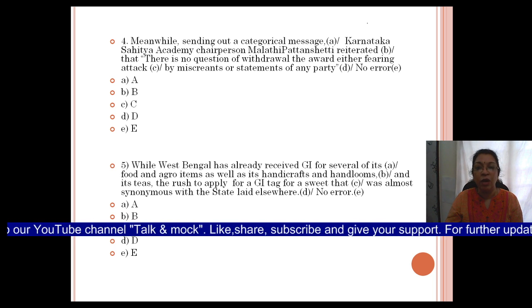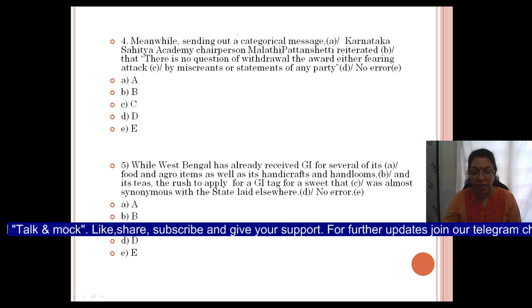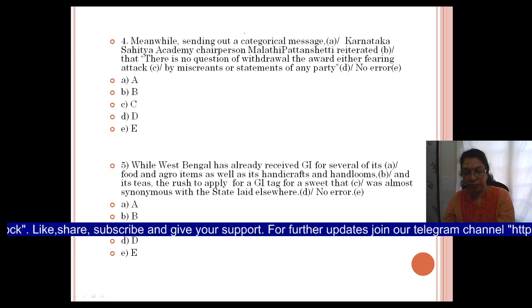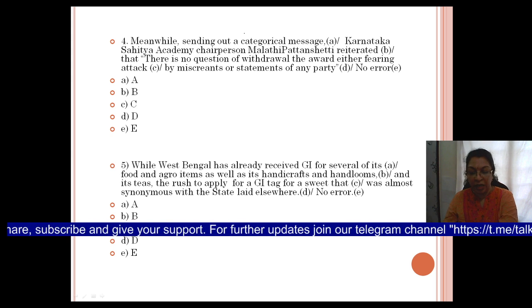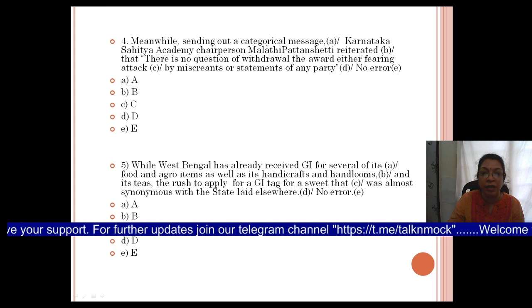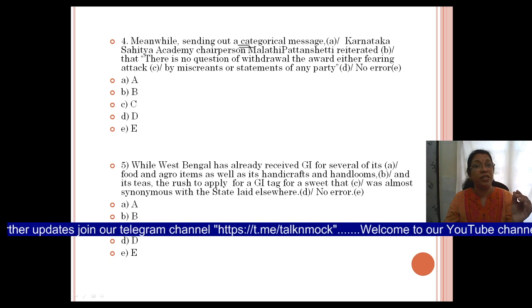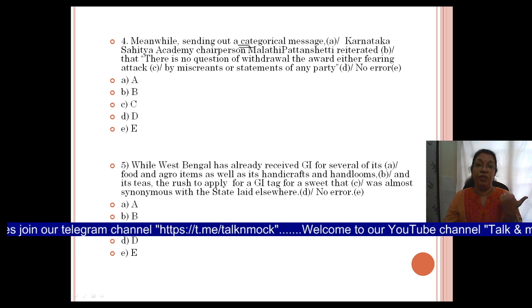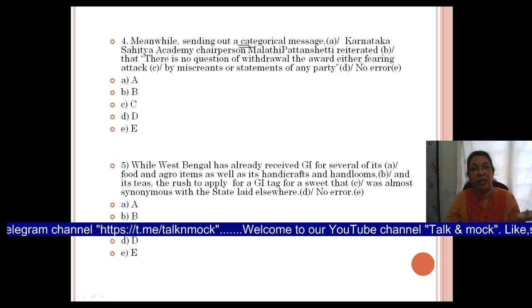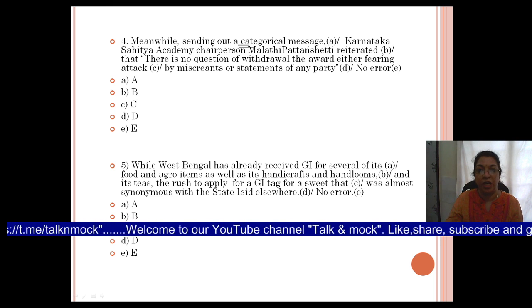Meanwhile, sending out a categorical message. Meanwhile, sending out a categorical message. So I'll be just checking. As I told you, we do not know whether they are checking article errors or preposition errors, etc. So side by side, you keep checking.